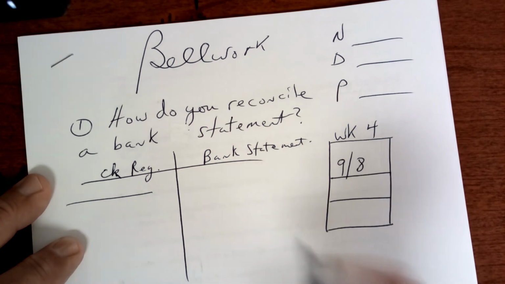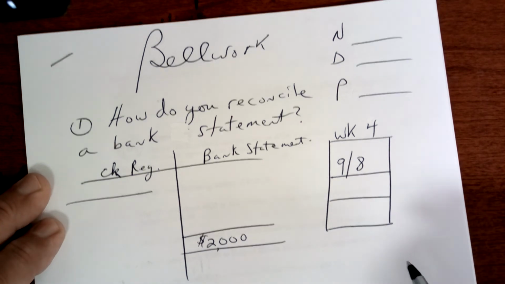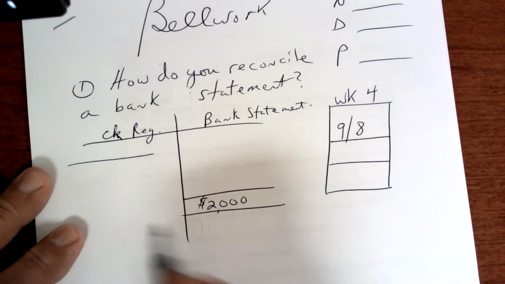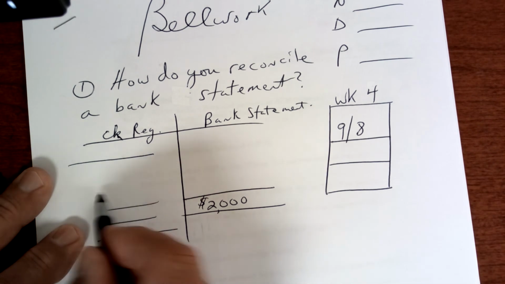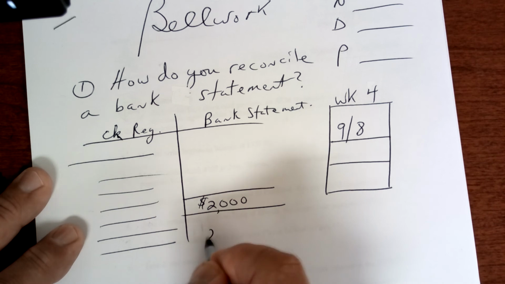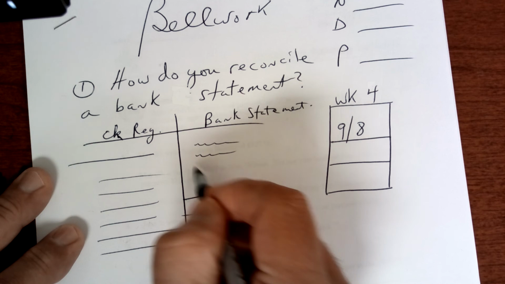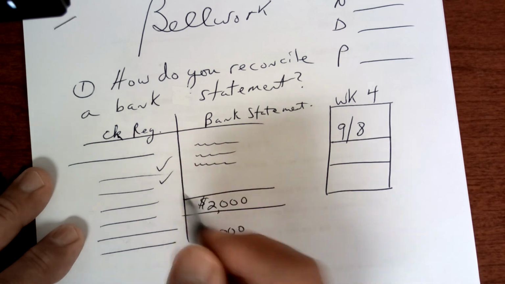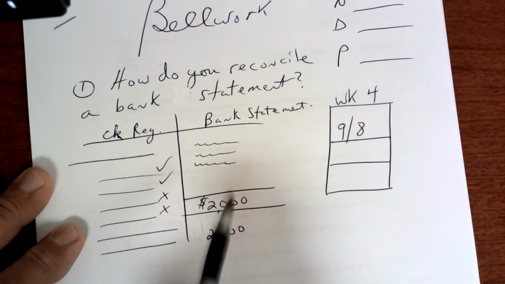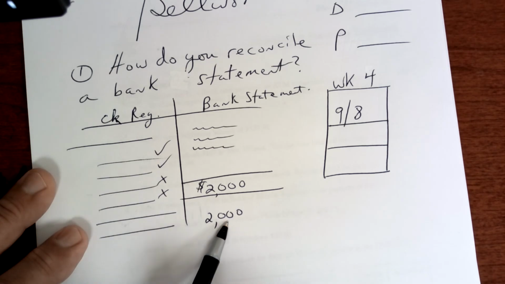So let's say the bank says you have $2,000 in the bank. Well, you know that's not right because you've written some more checks and you also made some deposits. So the way you reconcile it is you take what they say and then you look at every entry that they have and you compare it to yours. Anything that's not on their statement, you have to either add or subtract to this amount.